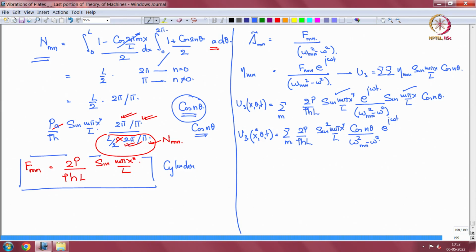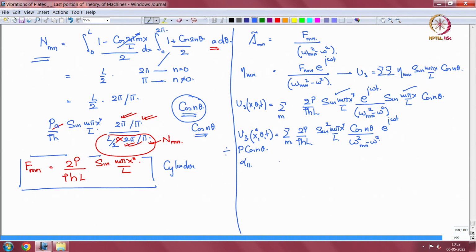So now, what is alpha 11? Alpha 11 is, we divide this by p cos n theta.